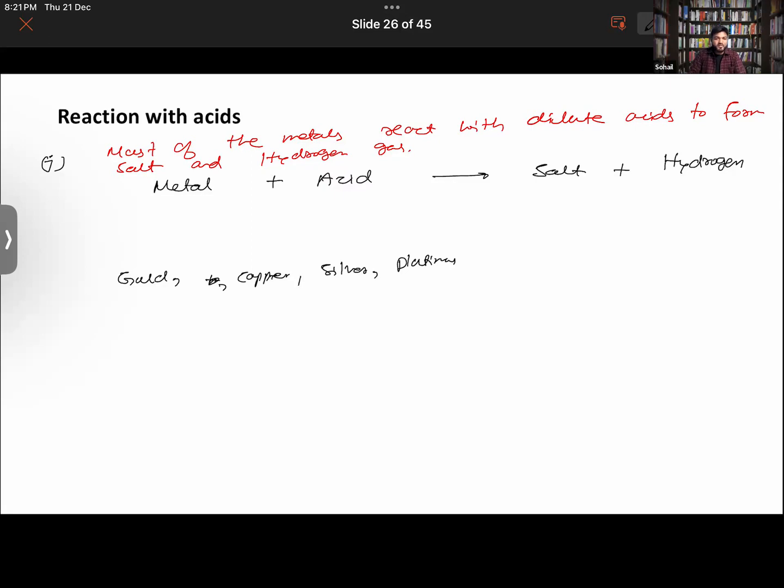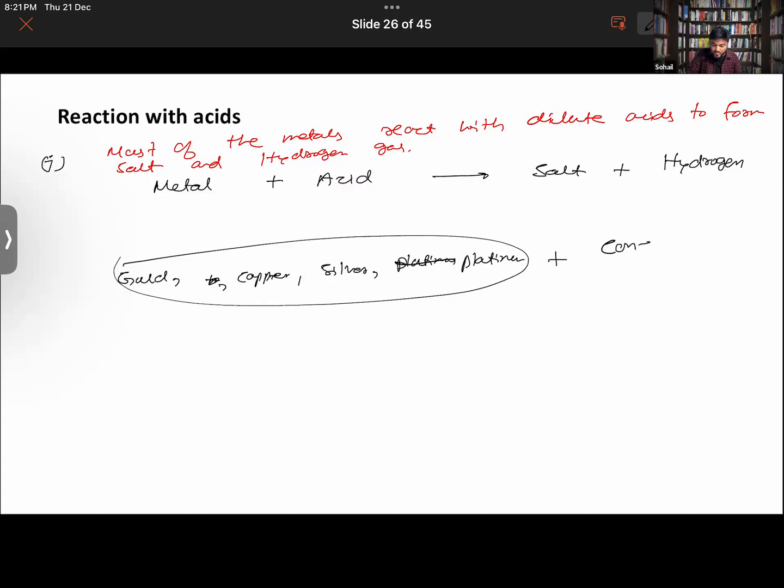They do not react with dilute acid, so you will require a concentrated acid for the reaction to take place. Platinum will react with concentrated acids, not with dilute acids. Why? Because chemically they are lesser reactive. Hope that is clear.